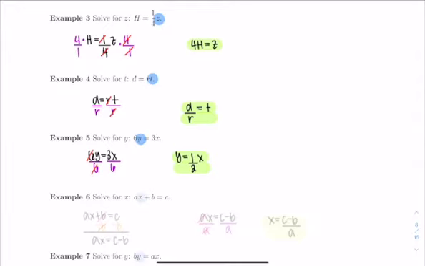ax plus b equals c, and we want to solve for x. So we need to have x by itself. This is the same as what we were doing in the previous sections. We're still using the multiplication and addition principle. So we need to undo the addition first. Let's go ahead and subtract b from both sides so that we can undo the plus b.